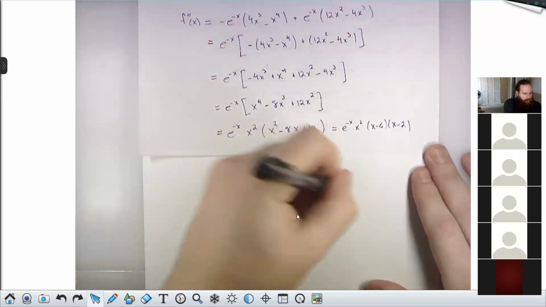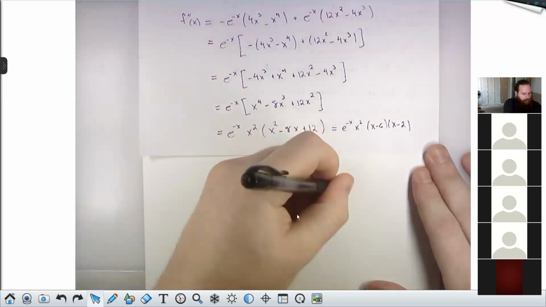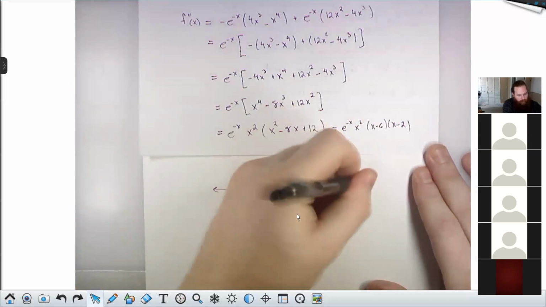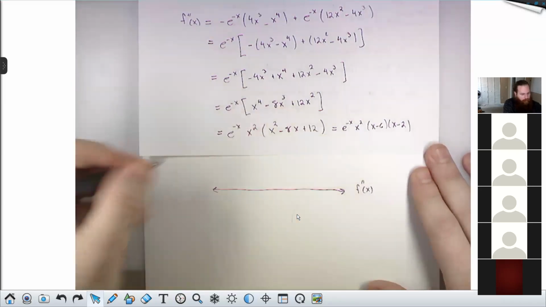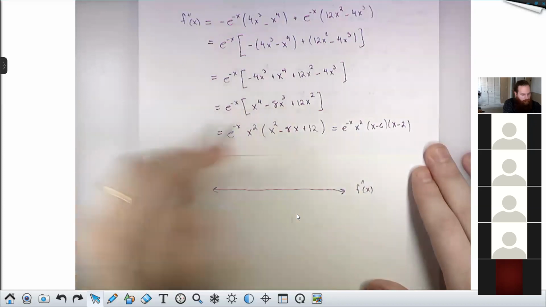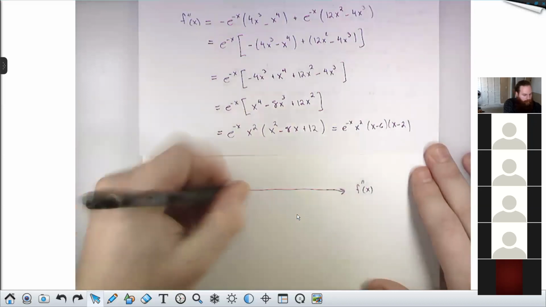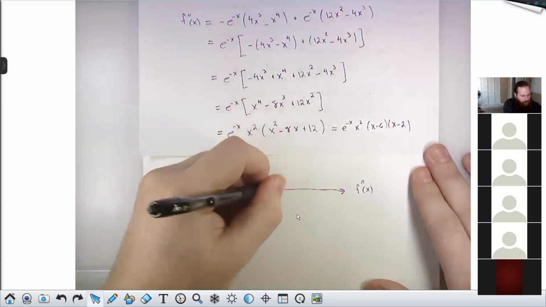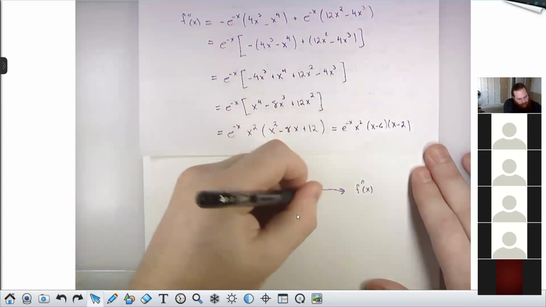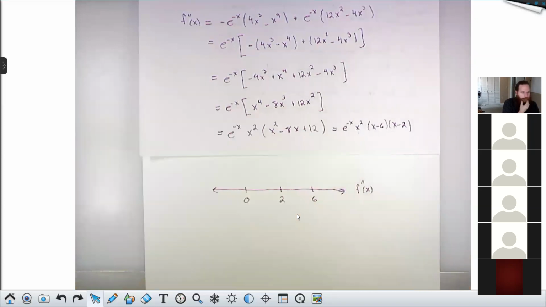If I wanted to make a number line for f double primed, this piece gives me a 0, this piece gives me a 6, this piece gives me a 2. So 0, 2, and 6 go on my number line.